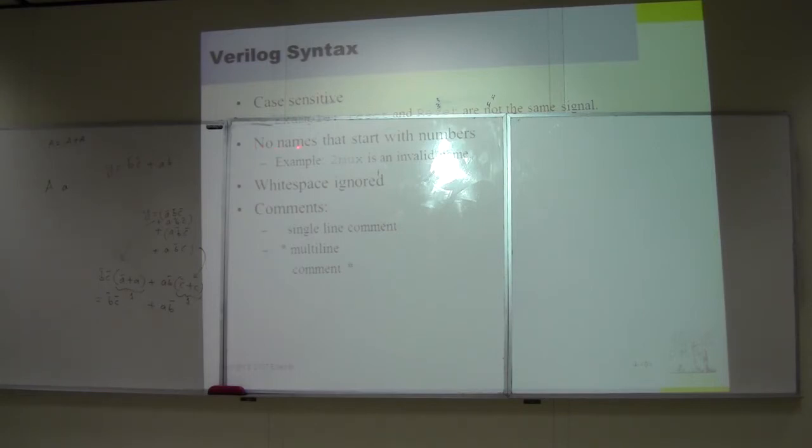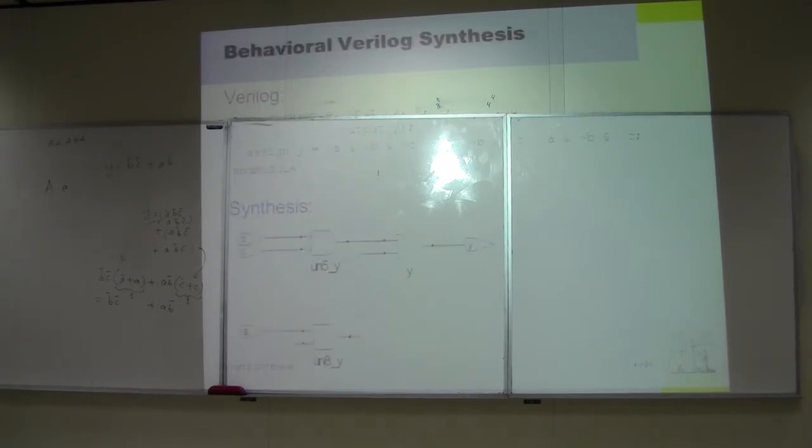Also, you cannot start a name with a number, like 2A. At the beginning, a number means it is not allowed. The software will give you an error. Like here, input A, B, C, you give the names, right? These are the names, A, B, C. So here you cannot say 2A. You can say A2. Say input A2, no problem.